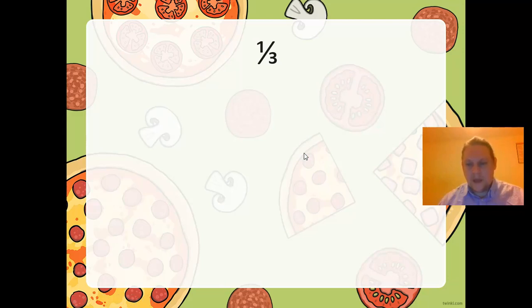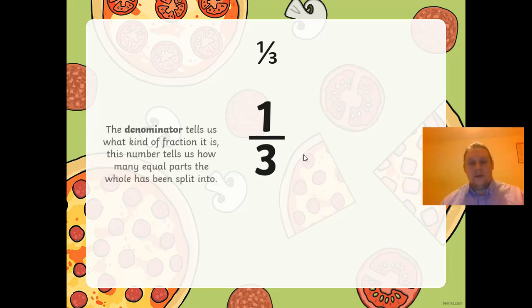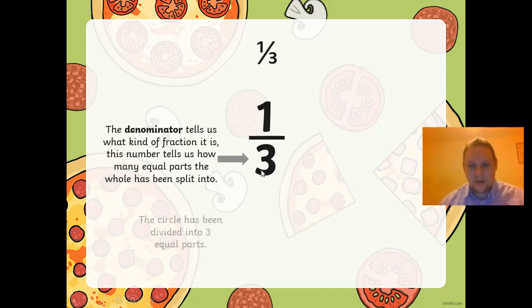1/3. Now, how many pieces is this going to be divided into then? The denominator tells us what kind of fraction it is. This number tells us how many equal pieces it's been split into. And there's going to be 3.